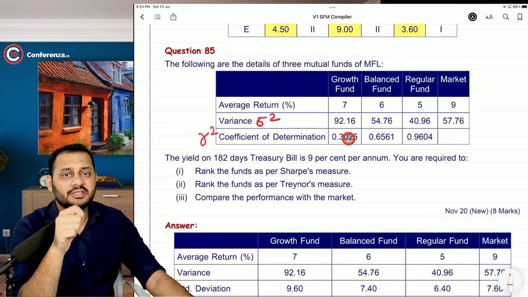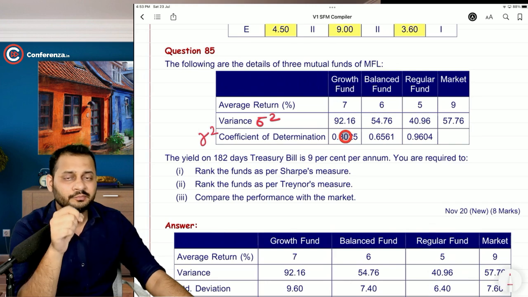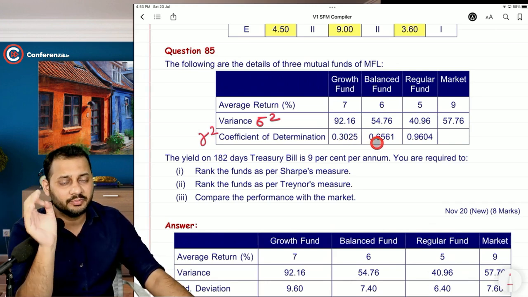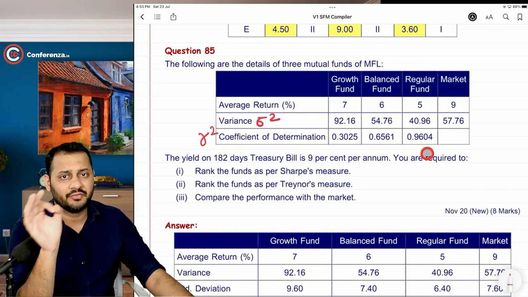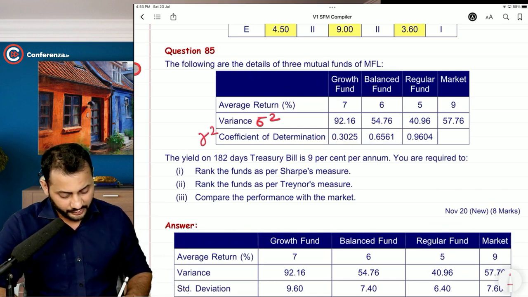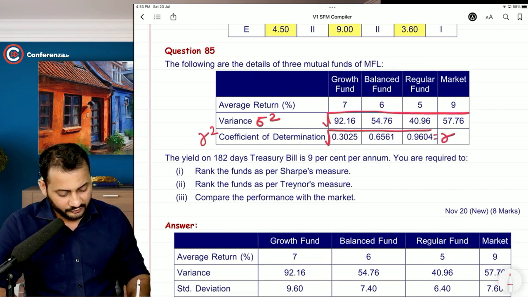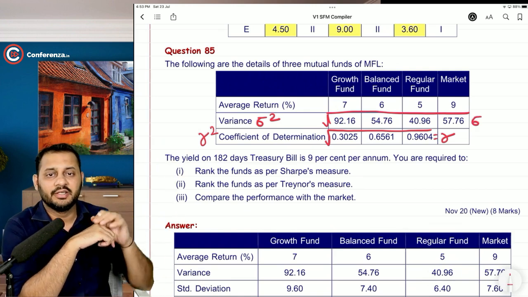So 30%, whatever the beta of the fund is, only 30% is affected by the market. 65.61% of the beta is affected by the market, and so on. R square is called the coefficient of determination. What are you going to do? You are just going to put a square root on all of them to find R. Put a square root on the variances to find the standard deviation. That's it, because variance is given to you.